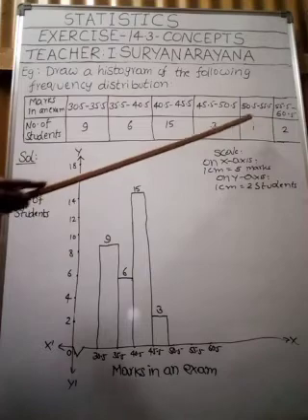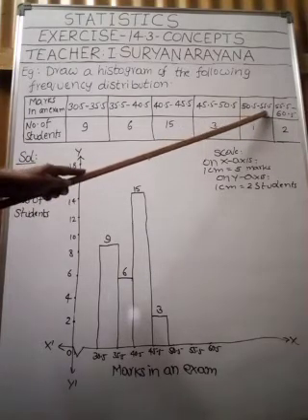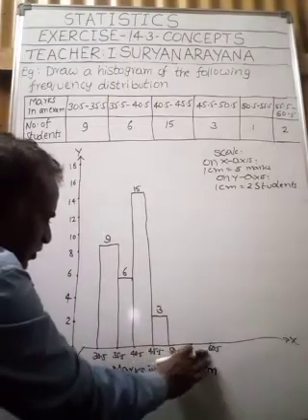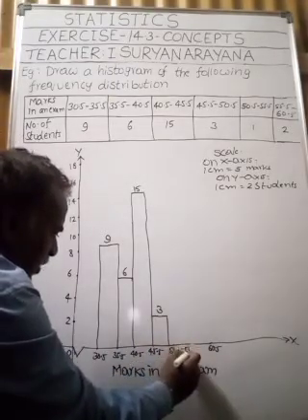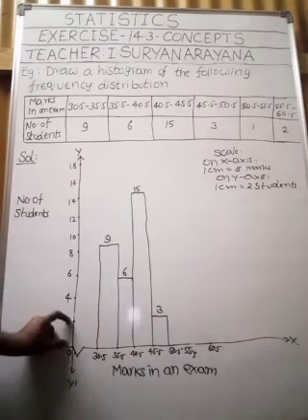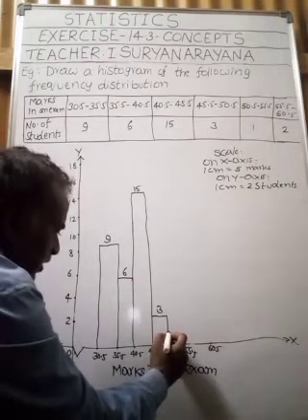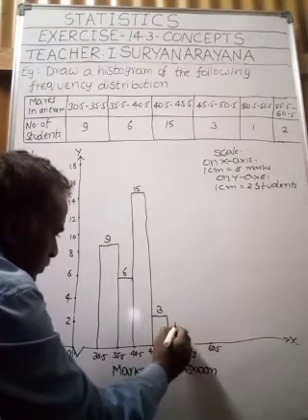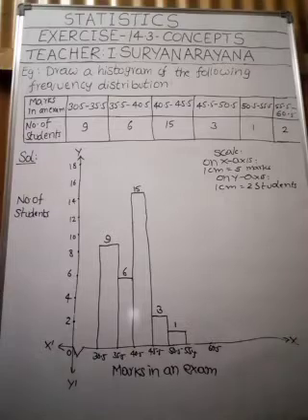Right. Next, 50.5 to 55.5, only 1 student. So between 0 and 2, in the middle. You have to take the middle. Only 1 student. Understood this rectangle, my dear children?